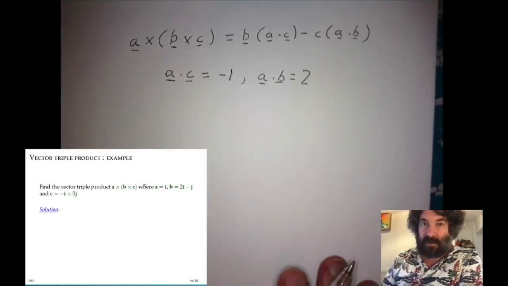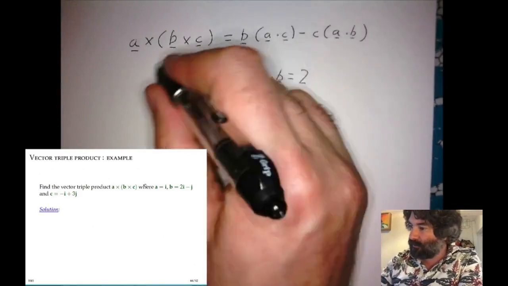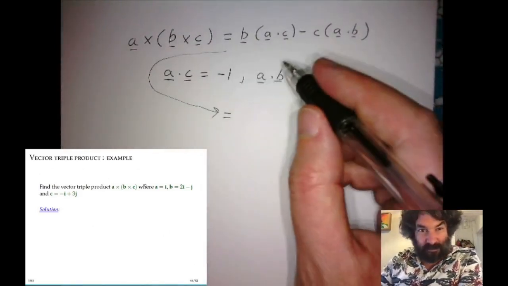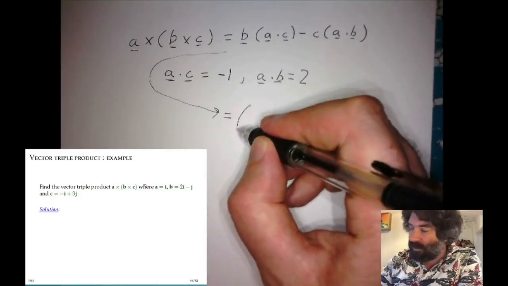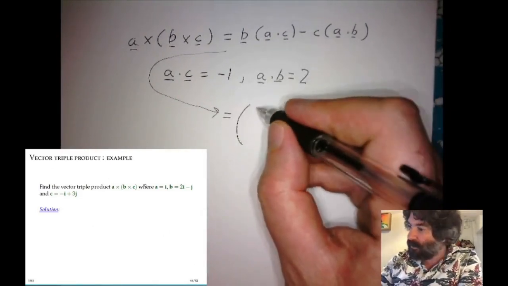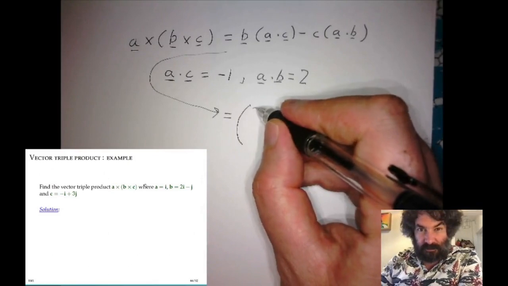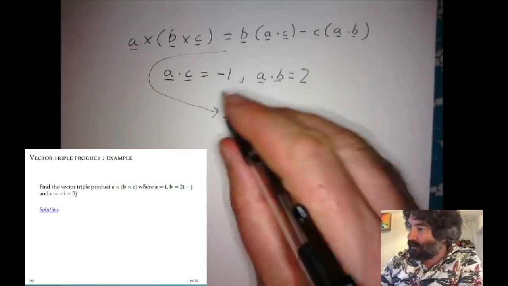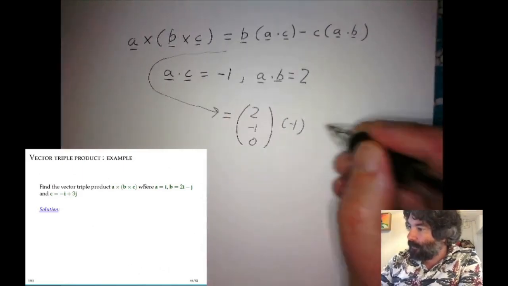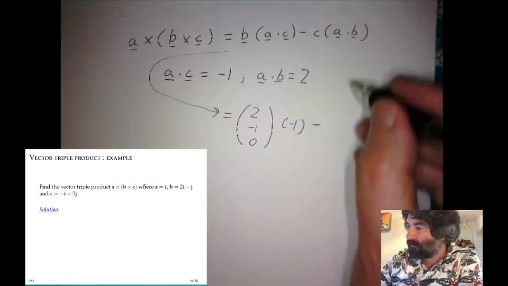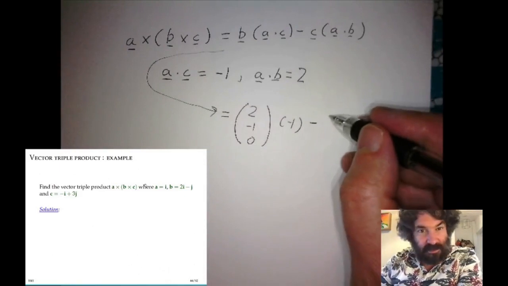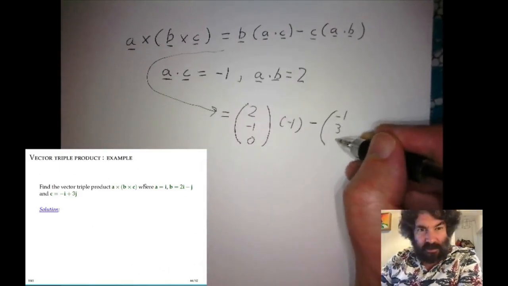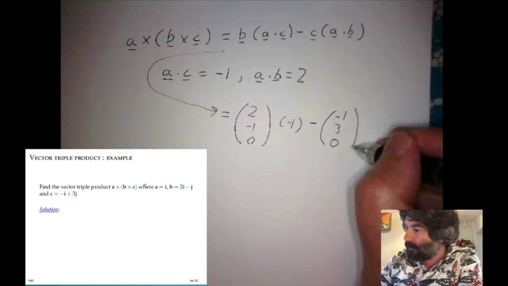Okay, and so this vector triple product is equal to b, which if we write in the column vector format is (2, -1, 0) times -1, minus c, which is (-1, 3, 0) times 2.